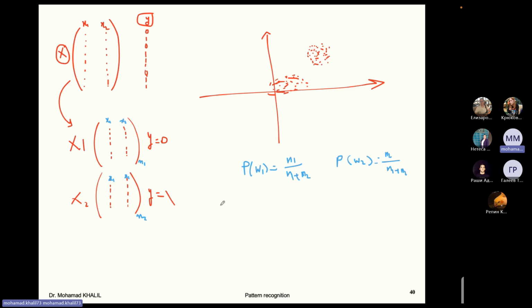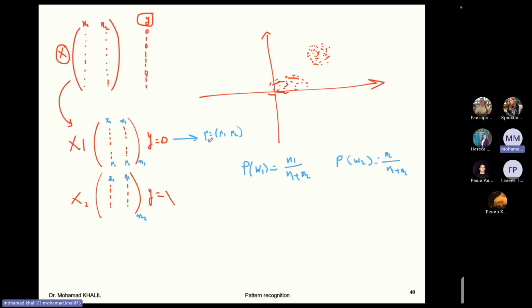Then what do you have to do? How can we estimate mu1? Directly you calculate the mean here and the mean here. So you have mu equal to mu1 and mu2. The average here is mu1, and the average here is mu2.